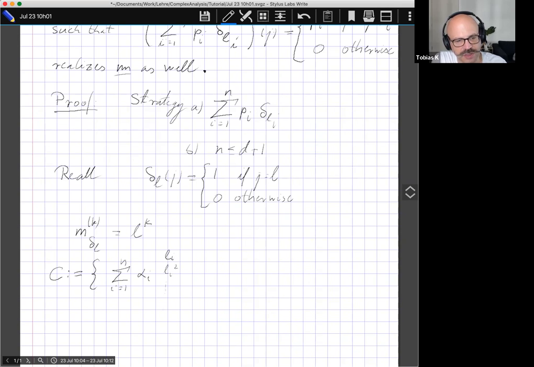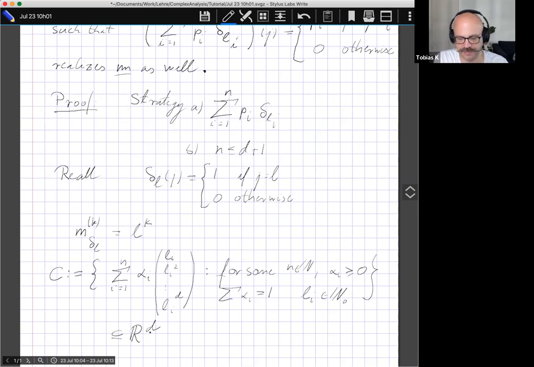So I write all the moments L_i to the k, and I do this for some n, for all alpha_i greater or equal to 0 with the sum of the alpha_i equal to 1, and the L_i have to be in N_0. If you look at this, it is a vector with d entries, so this is a subset of R^d.